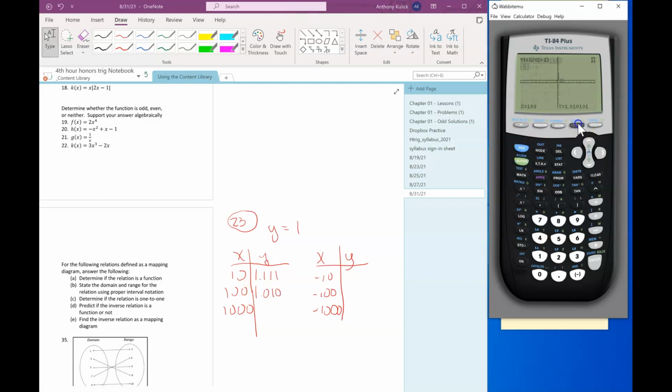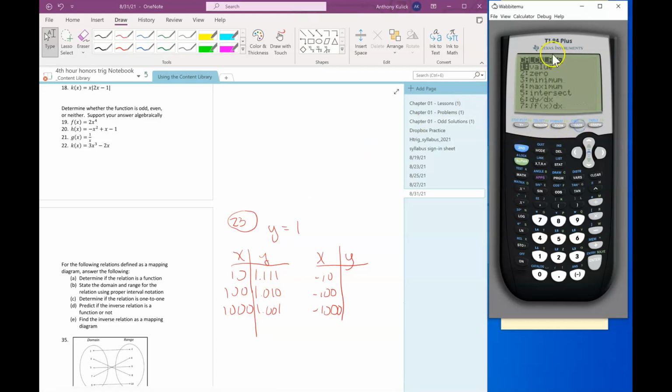And 1,000 is going to give me 1.001. And that all looks good, right, as the whole time I'm getting closer to 1. And I'm staying on the same side of 1, like all those values are above 1. So it looks like it's coming down slowly, approaching 1. So that looks good to me.